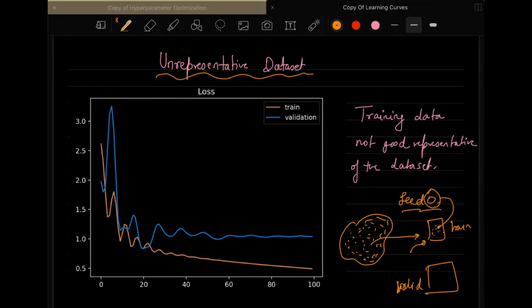So that noise free image representation is not possible here when you have this type of images available in the training data set, and if that is the situation, this type of curve will happen. This curve will be randomly going up and down, and you cannot see anything going on here. So that means the images that came to your training data set are not that representative of the actual data set.